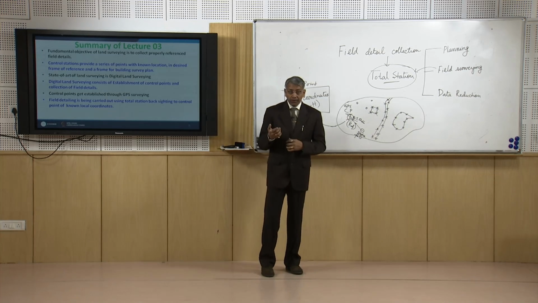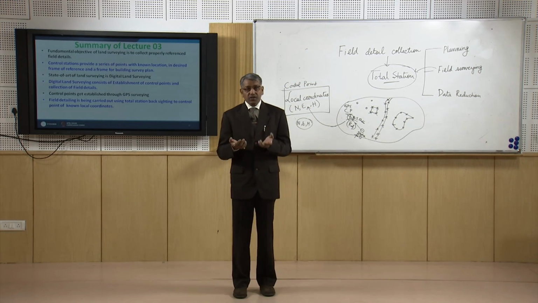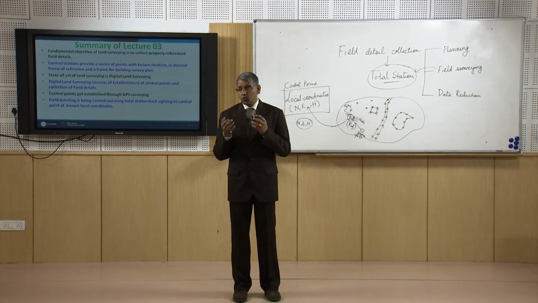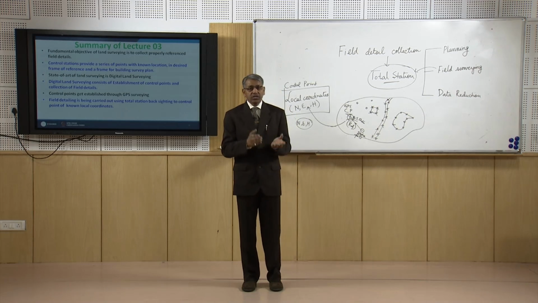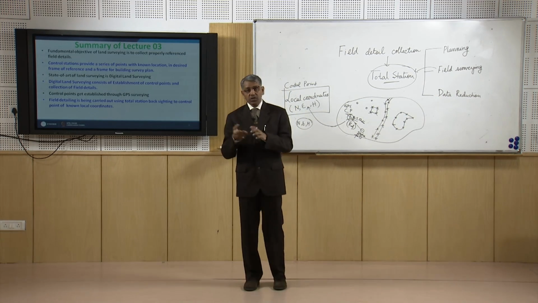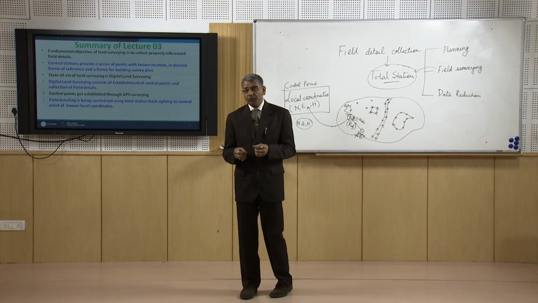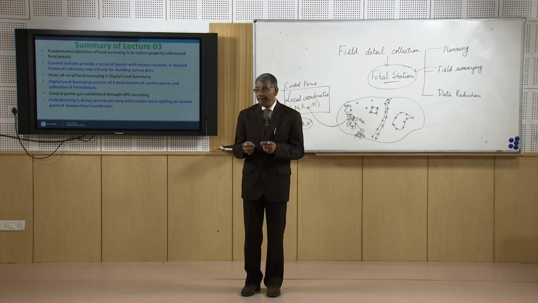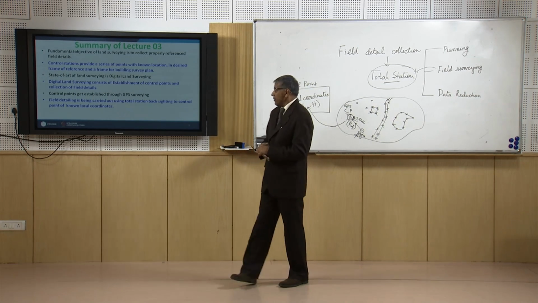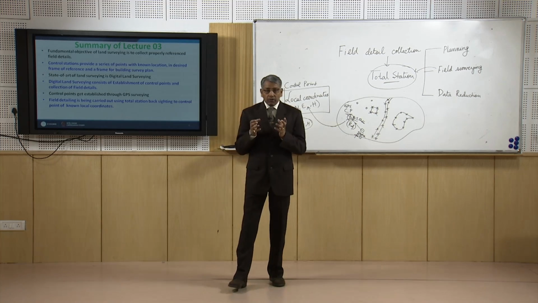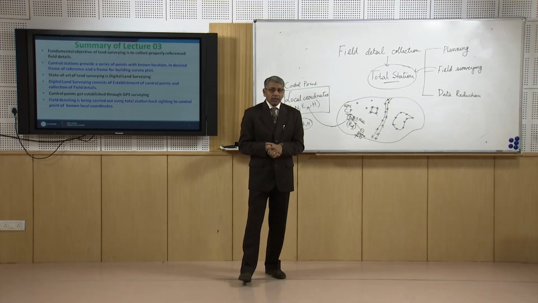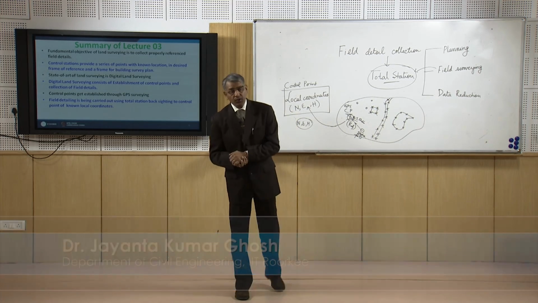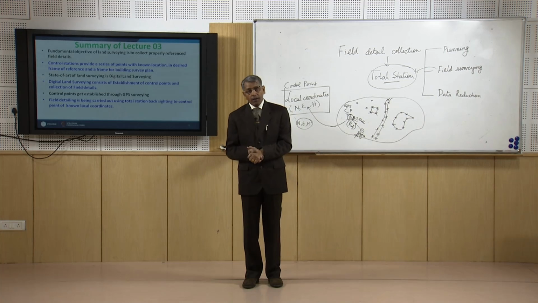In case of digital land surveying, we make use of GPS to establish the control point, which is subsequently used in the total station for collection of the location of salient points, and then the data collected using the total station may be imported to some mapping software for mapping purposes.